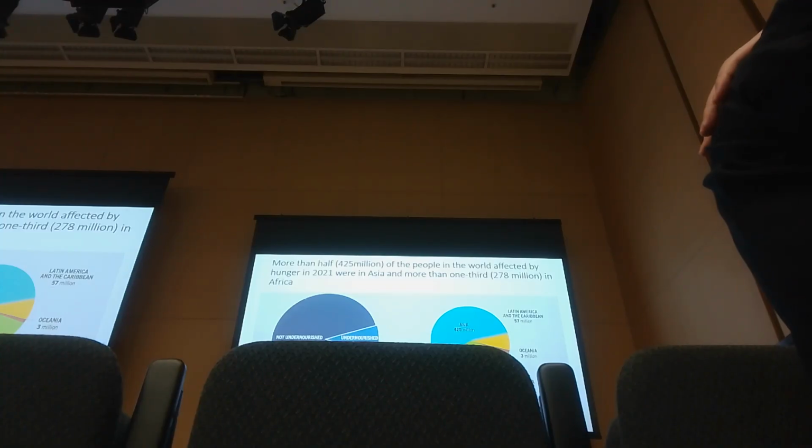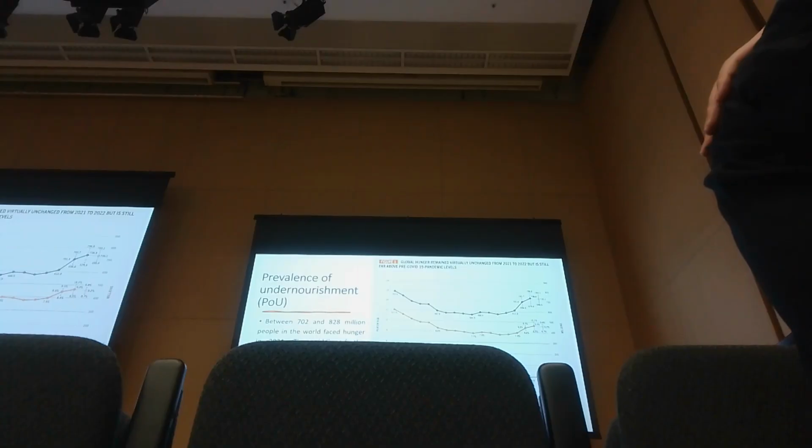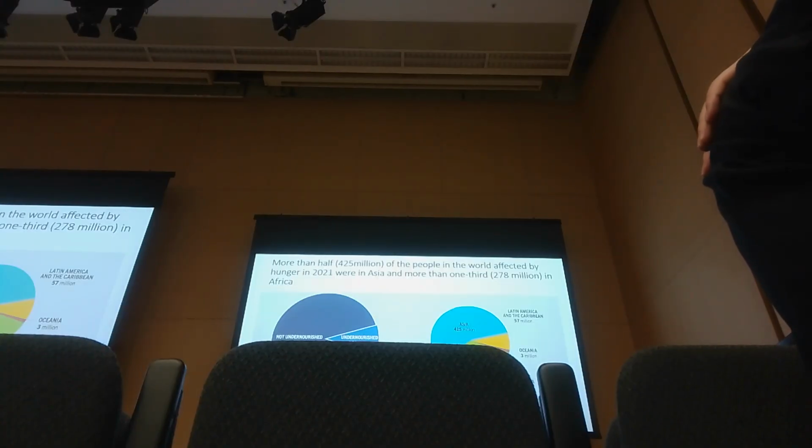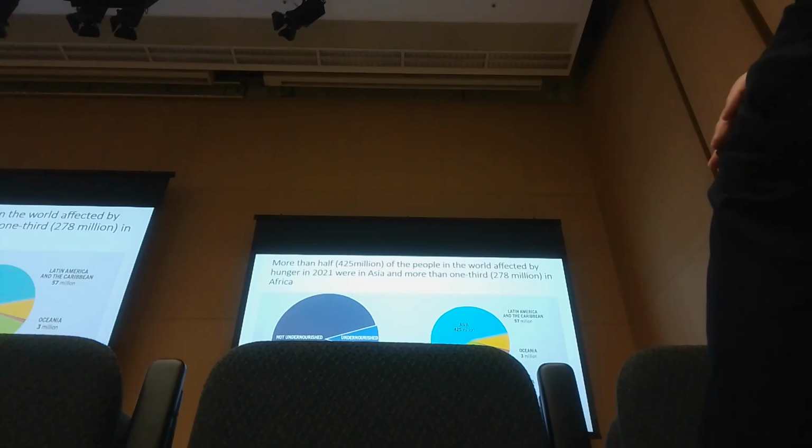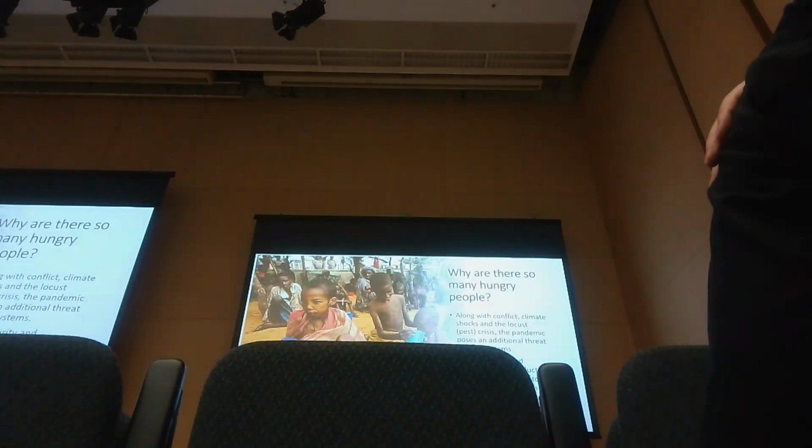In terms of regions, more than half of the people in the world affected by hunger in 2021 were in Asia, so those people were hit more, and more than a third in Africa. Those areas we already know have global hunger problems. They were more impacted by COVID-19 in terms of undernourishment status. Okay, so that's some data indicating the impacts.